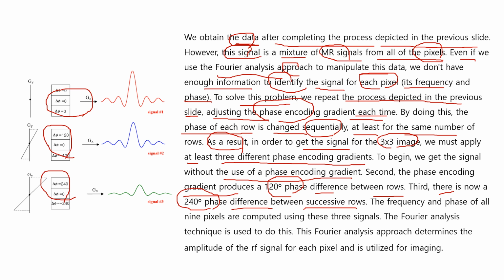The frequency and phase of all line pixels are computed using these 3 signals. The Fourier analysis technique is used to do this. This Fourier analysis approach determines the amplitude of the RF signal for each pixel and is utilized for imaging.